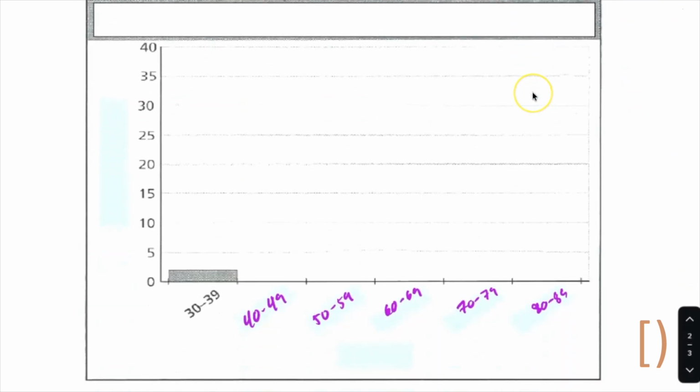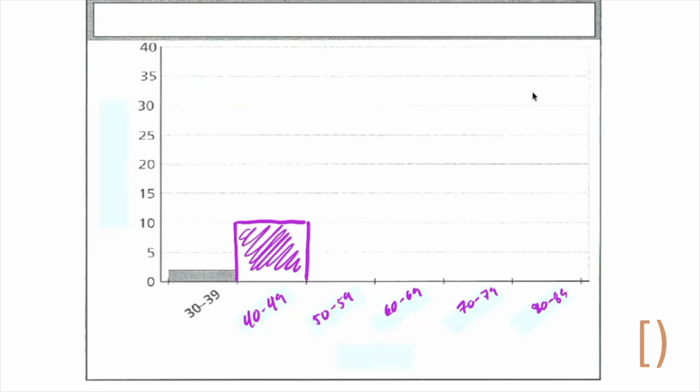So we're gonna go all the way up to 10. Fill that out real quick. So like that. Okay, so that's 10. This was 2. 50 to 59, that was 30. So we're gonna go all the way up to 30.